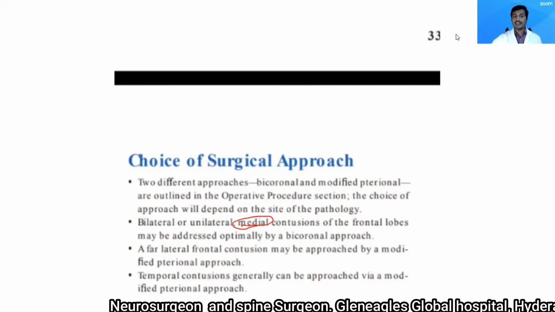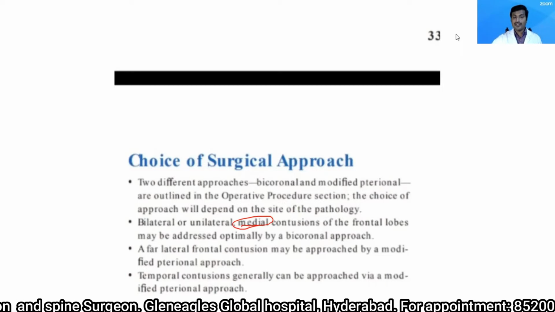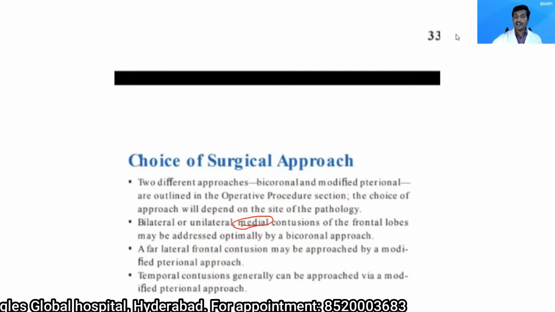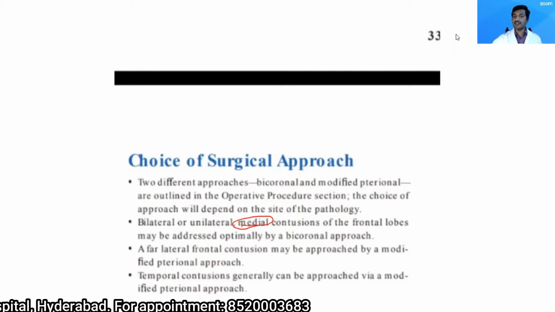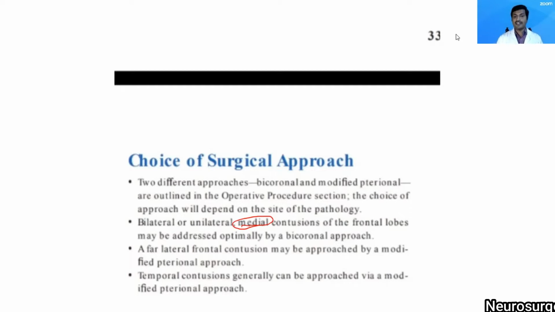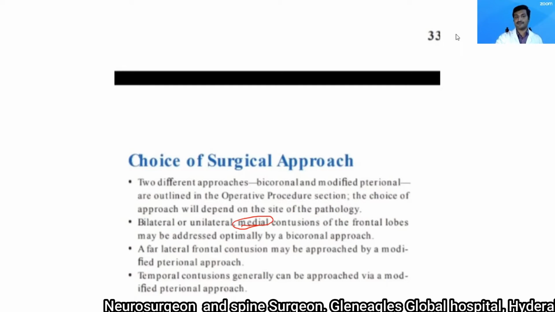But for a contusion located laterally in the frontal lobe, or when the frontal contusion is associated with a temporal lobe contusion, or when the patient has a temporal contusion alone, then the modified pterional approach is preferred. In this episode, we will speak about the modified pterional approach. In my next session, I will be speaking about the bifrontal approach.